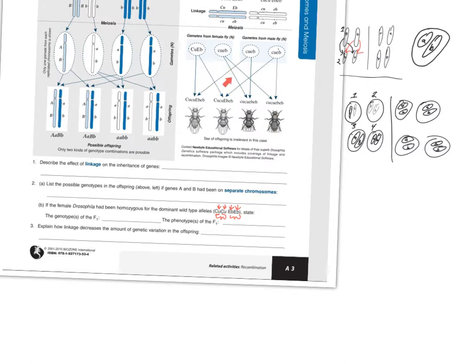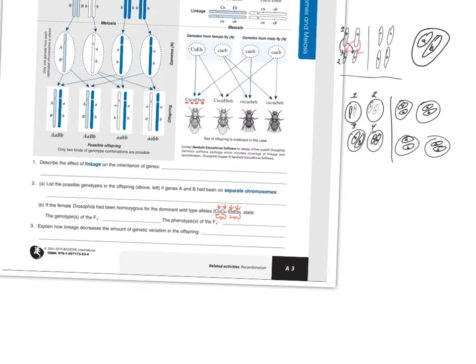Well, as it stands, the genotypes would go from having heterozygous, right? Why do I say heterozygous? Look at it carefully. Here's the dominant, here's the recessive, here's the dominant, here's the recessive. So heterozygous, right?